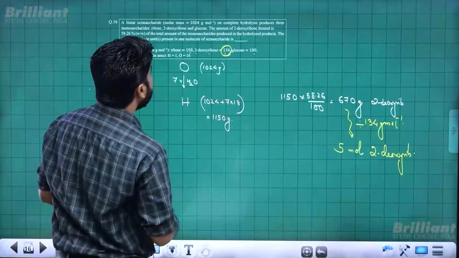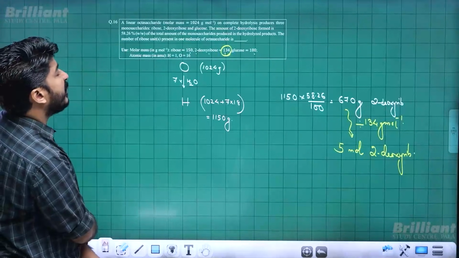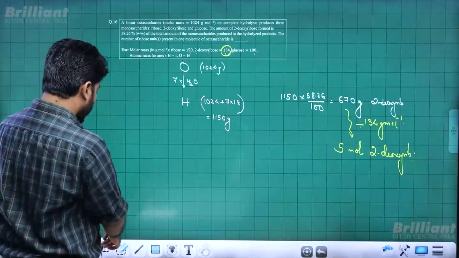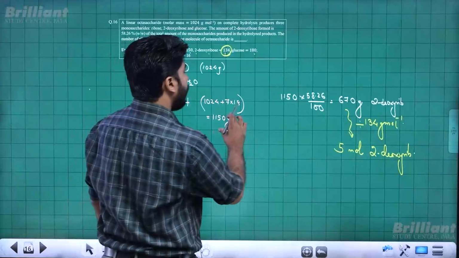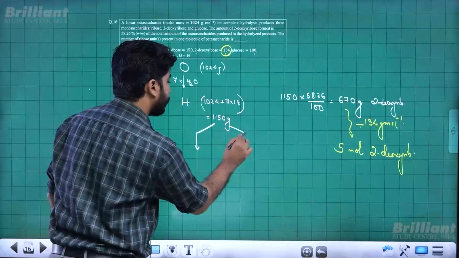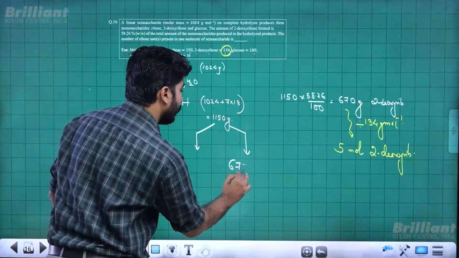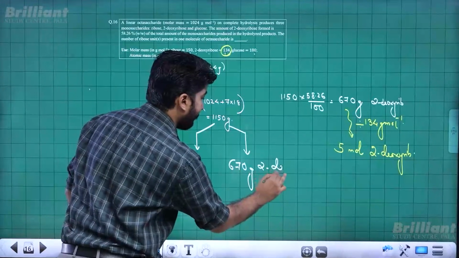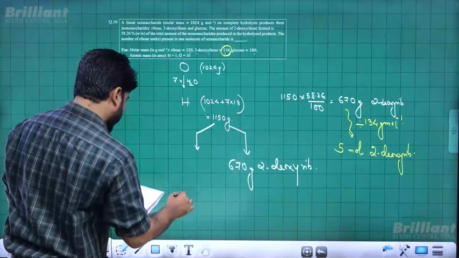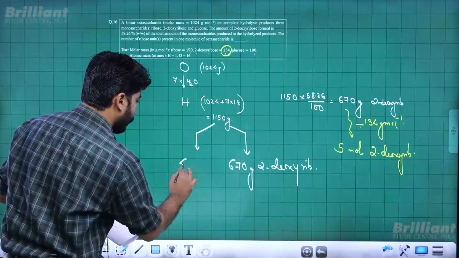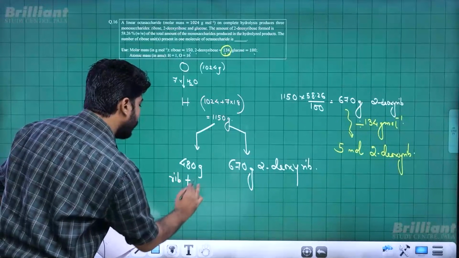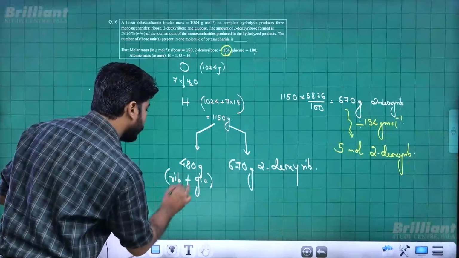Anyway, let's proceed in a mathematical way. The number of ribose units present in 1 molecule of octasaccharide. If we remove 670 grams from this hydrolysis products, the remaining mass, that is 480 grams, will be the sum of ribose plus glucose units.